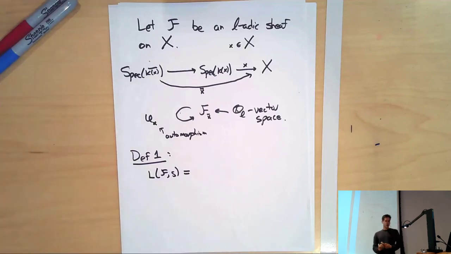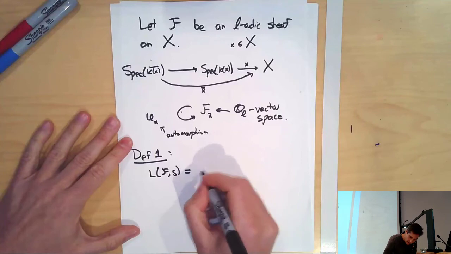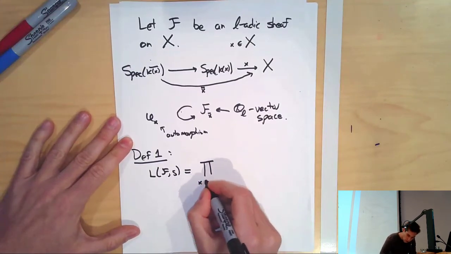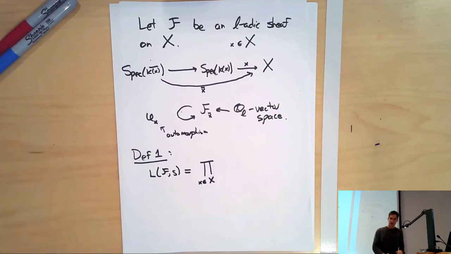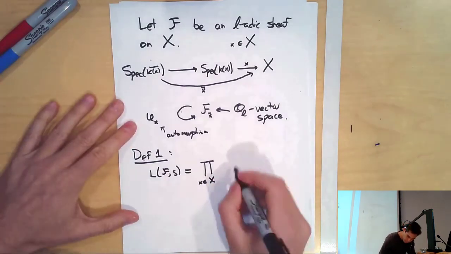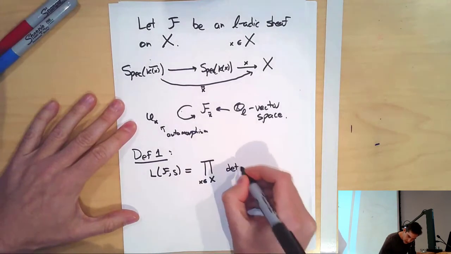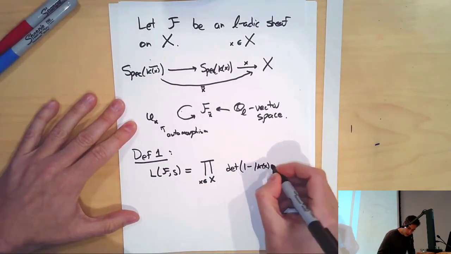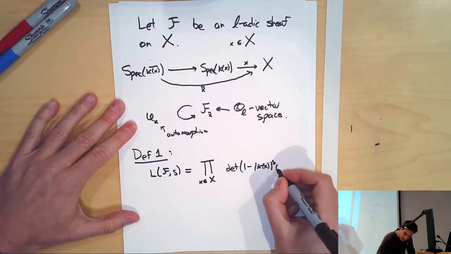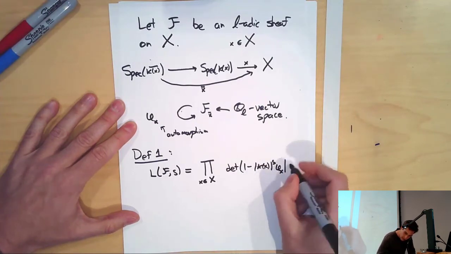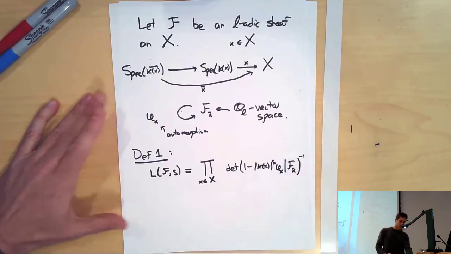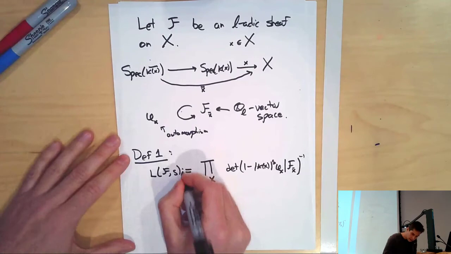Again, this is a function of s being a complex number, and it's something that I can write as a product over all the closed points of my variety of the determinant of 1 minus the size of kappa_x raised to the power s times the Frobenius_x on this F_x-bar, with an inverse there.